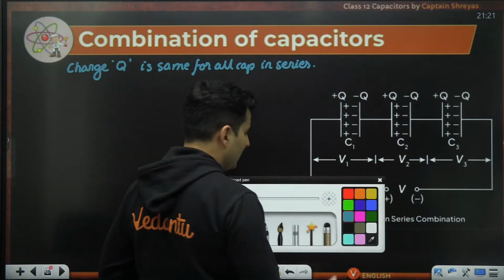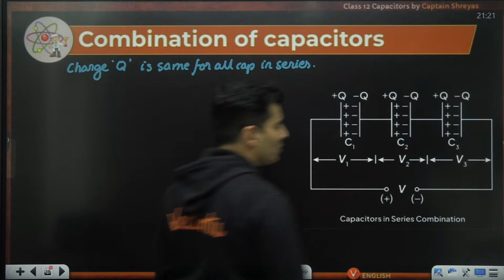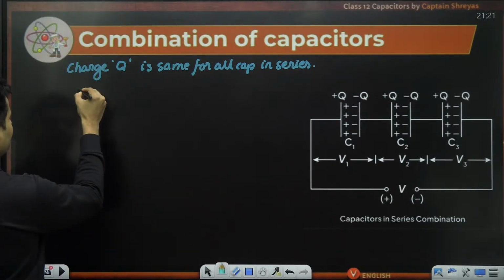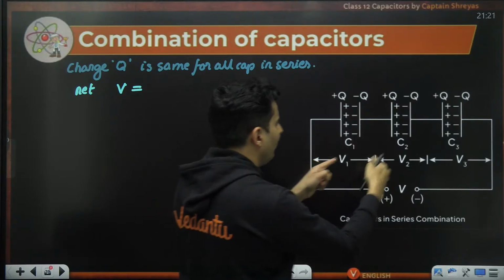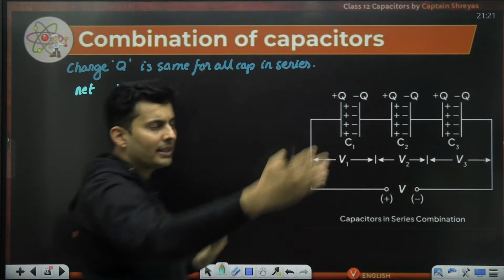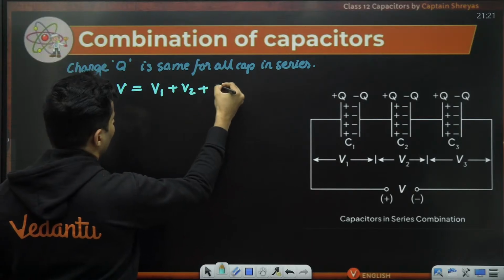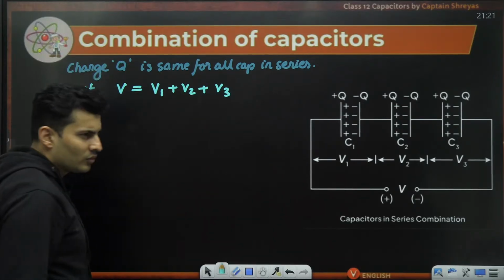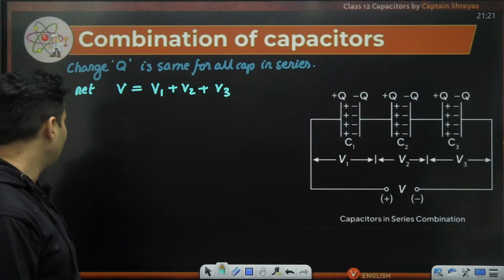So if you measure the total voltage over here, the net voltage will be voltage of 1, voltage of 2, voltage of 3, like that. How many ever capacitors? So it will be V1 plus V2 plus V3 and so on and so forth. Is that right, everyone? Depending on how many ever capacitors are there.